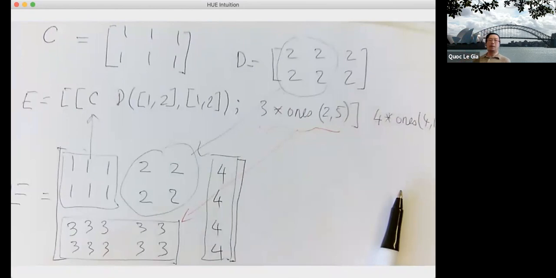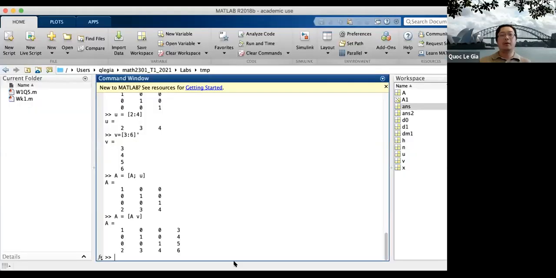So if I stop this, then I share with you my MATLAB.